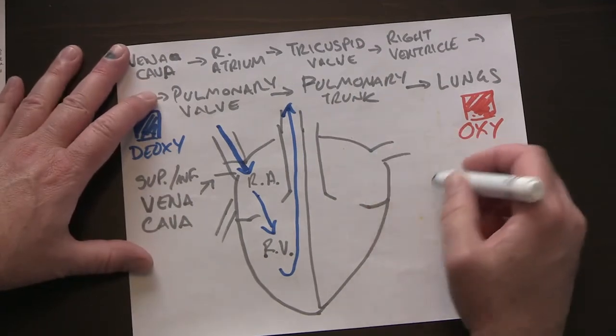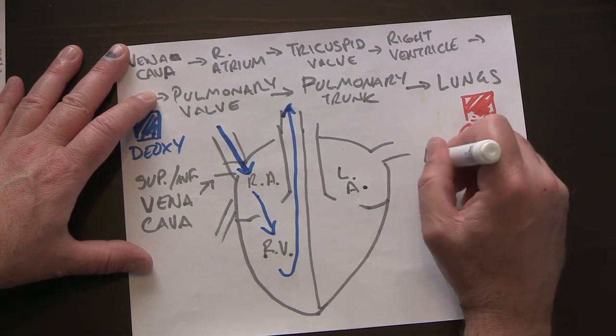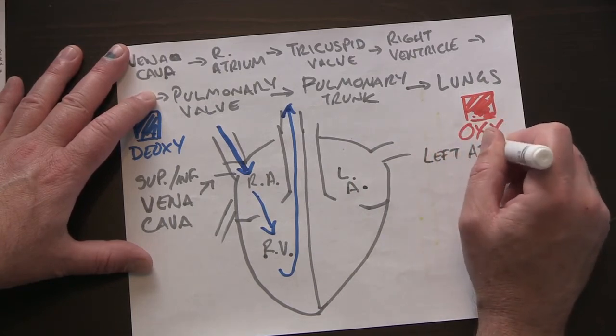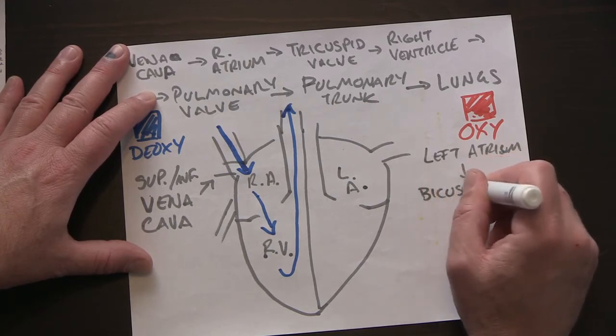And it's going to first come in through the left atrium. Through the bicuspid valve.